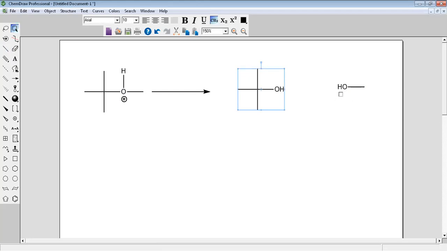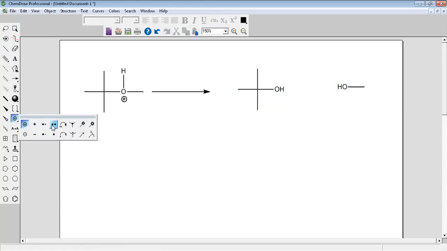Now an alcohol can work as an acid, and an alcohol can work as a base. We know that. But here we have the unshared pairs of electrons, 1, 2, 1, 2. Which is more basic, this or this?